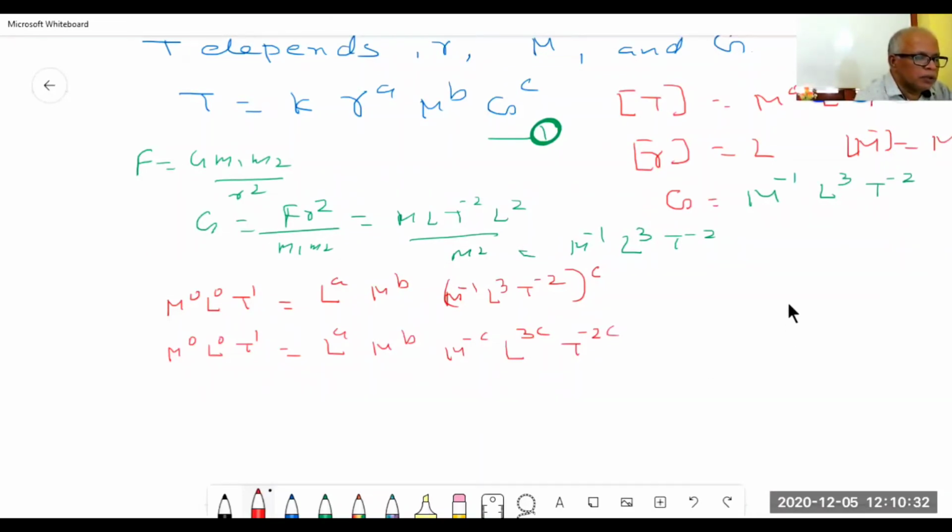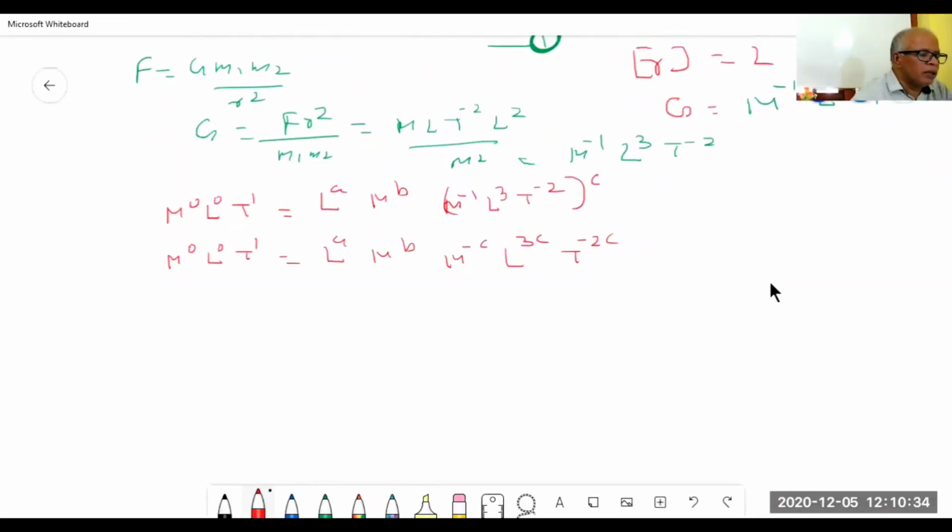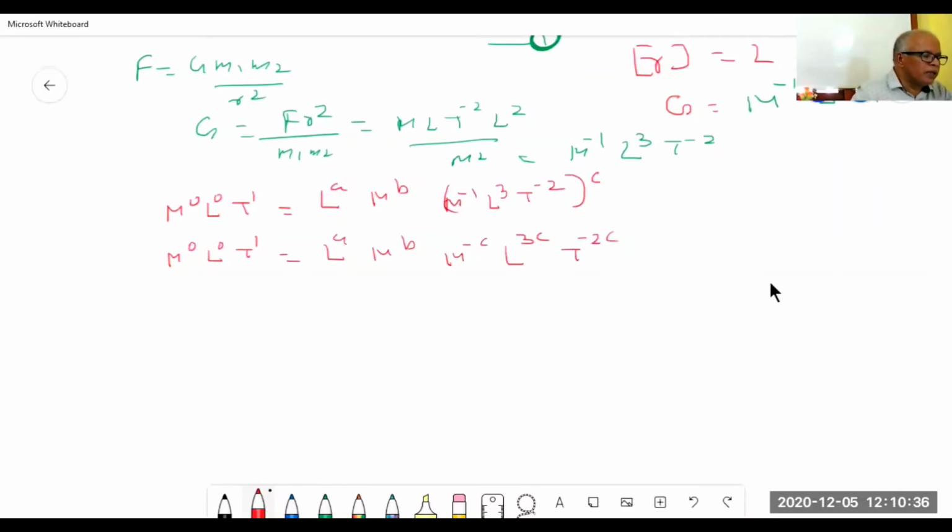Then the next step is to compare. Here we write first M raised to 0, L raised to 0, T raised to 1. M appears in two terms: M raised to b and M raised to minus c, giving M raised to b minus c. L appears in two terms as well: L raised to a and L raised to 3c, giving L raised to a plus 3c.